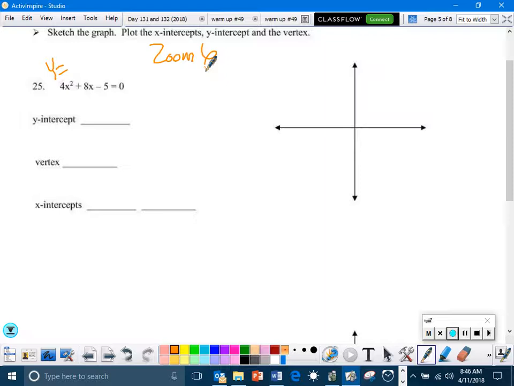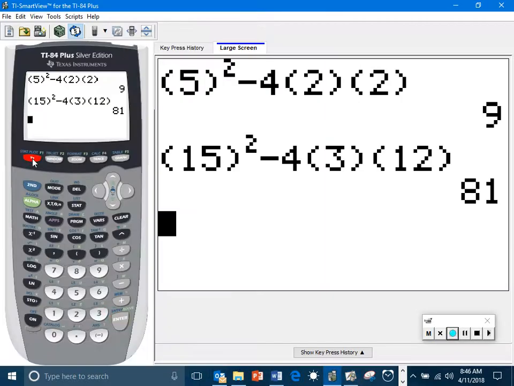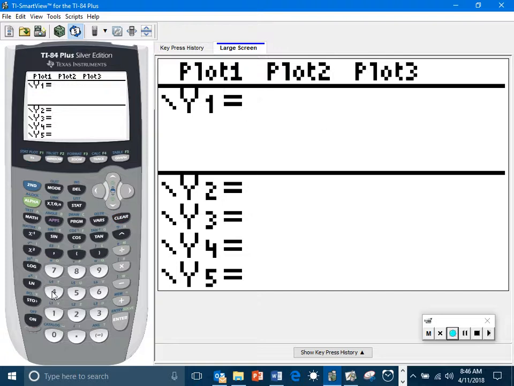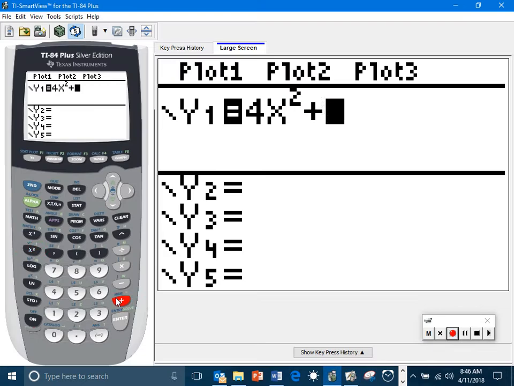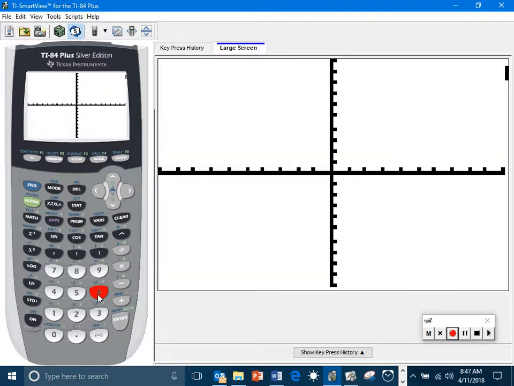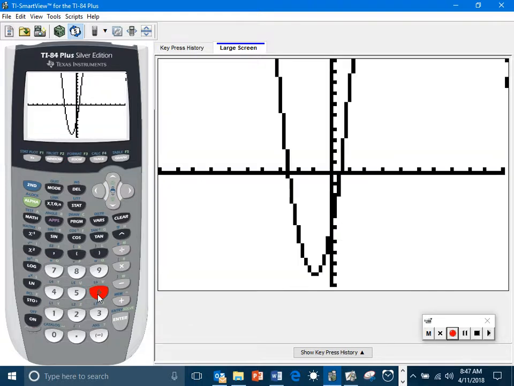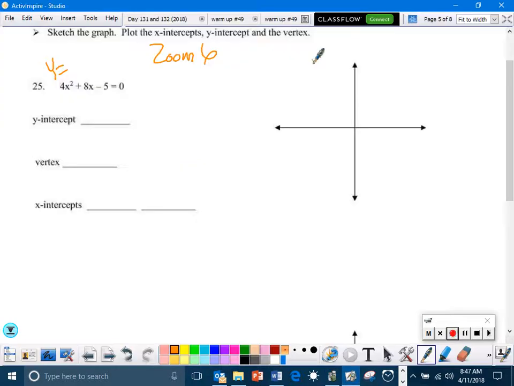All right, here we go. Okay, zoom 6. All right, I'm going to sketch that. Okay, as long as it's close.